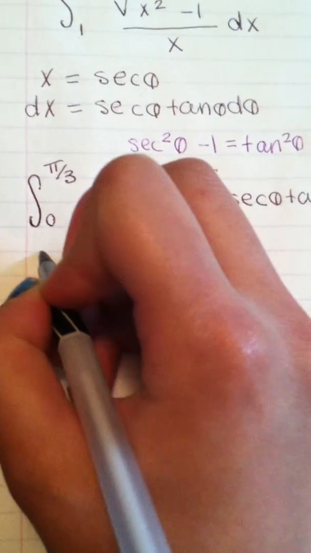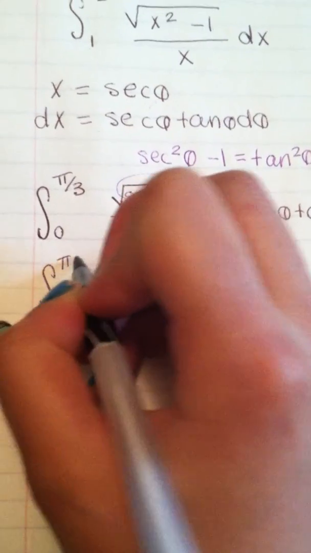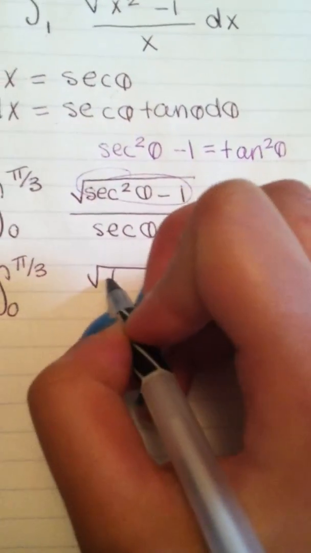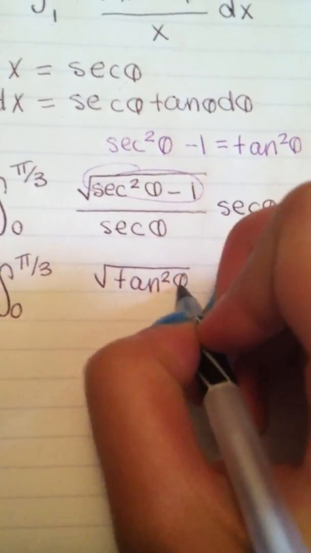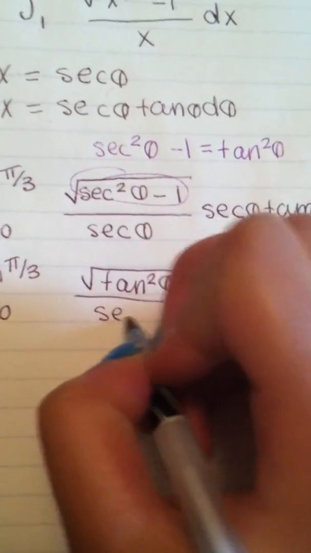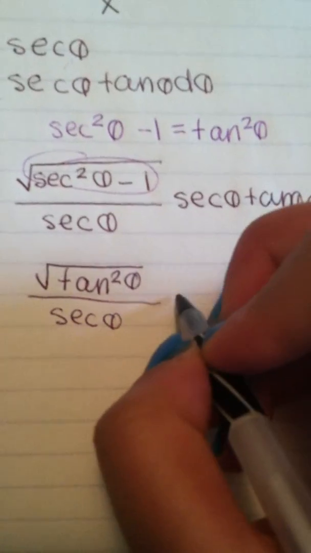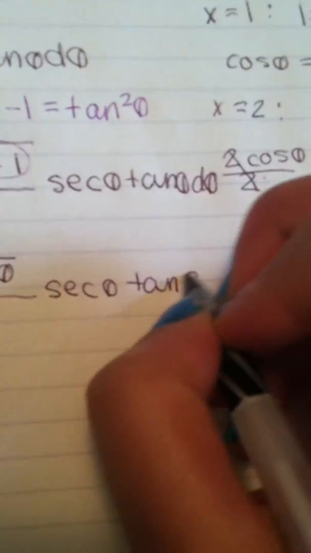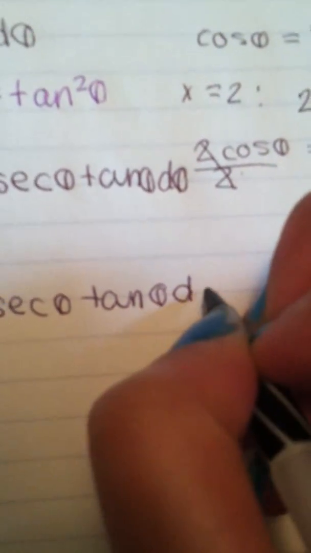So using that identity, we have the integral from 0 to pi over 3 of the square root of tangent squared theta over secant theta times secant theta tangent theta d theta.